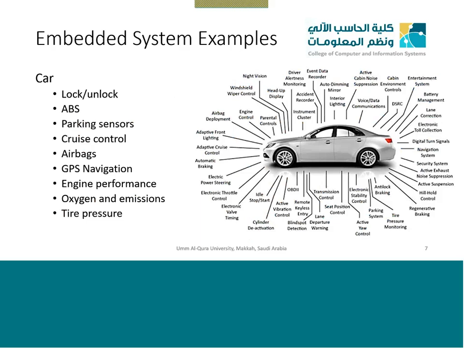This is a car embedded system. It is much more complicated, and it is composed of thousands of sensors at every door, in every tire, in every light, in every brake, everything. But it serves the same purpose. You will have some input from some place, and that input will result in some output. If you press the brake, this is your input.